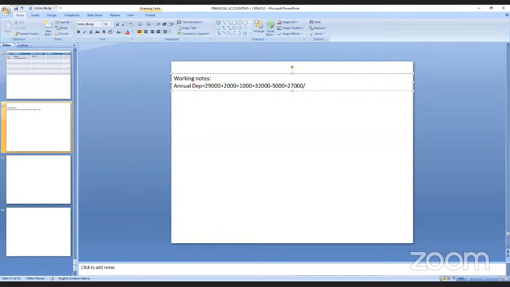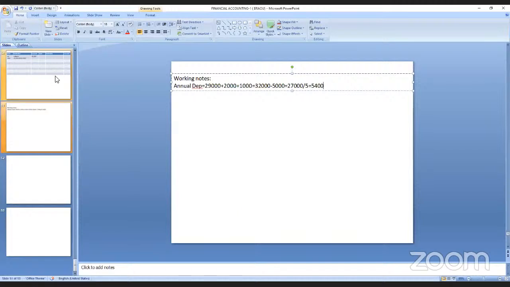Then divided by 5. Yes, 5,000, 400. It is 5,400.